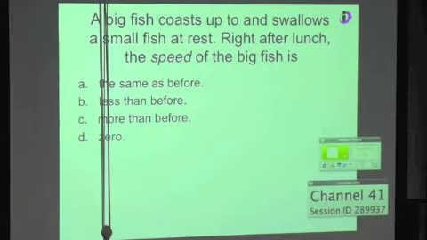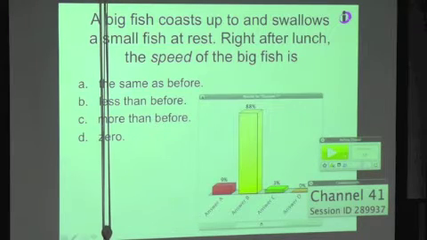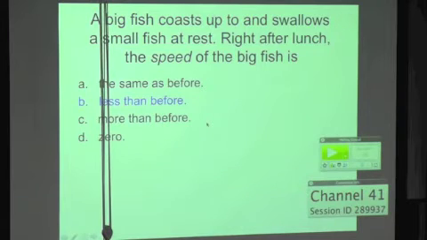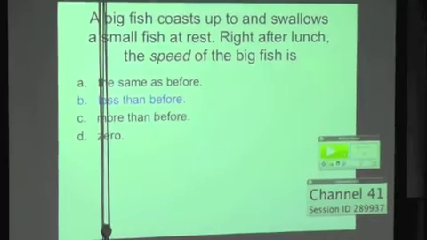10, 9, 8, 7, 6, 5, 4, 3, 2, 1, 0. Oh, overwhelming B. Yes. For those of you that got it. For the few that didn't, what's the new mass now of the system after the collision?